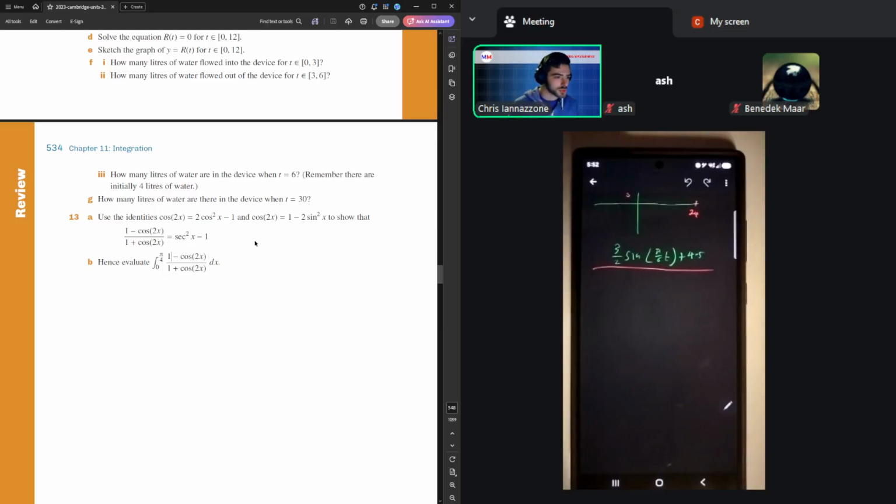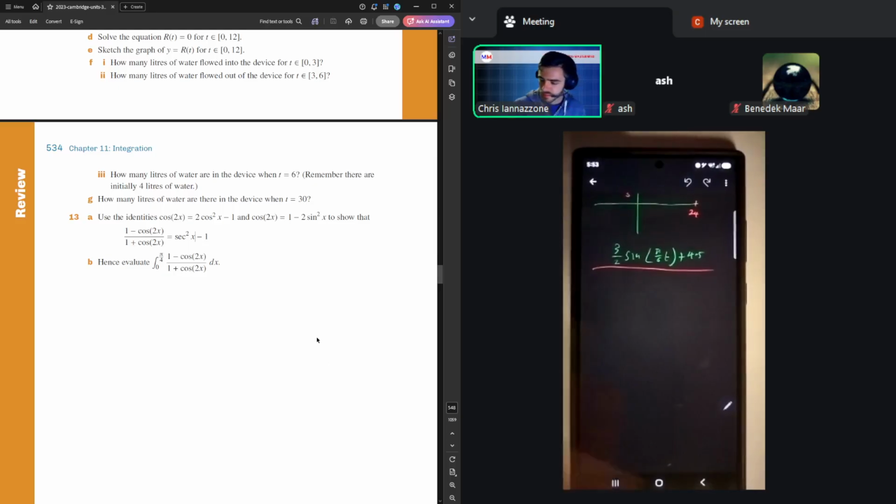Now, which one do you choose? This is kind of a guess and check, to be perfectly honest, which one's going to be relevant. You can be a bit more sophisticated with your choice here if you know what sec squared actually is by definition. Sec squared is 1 over cos squared.